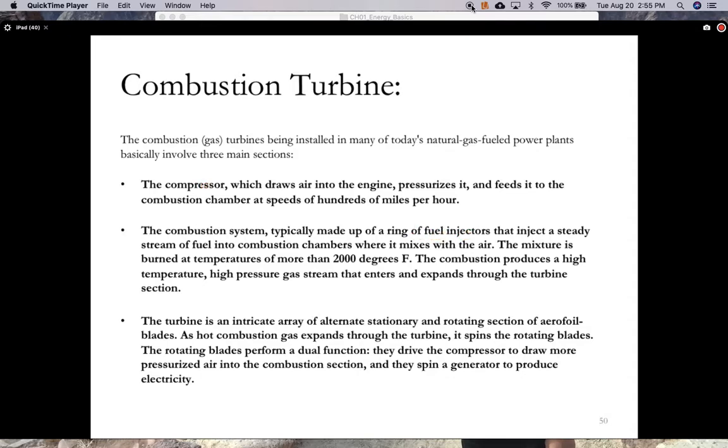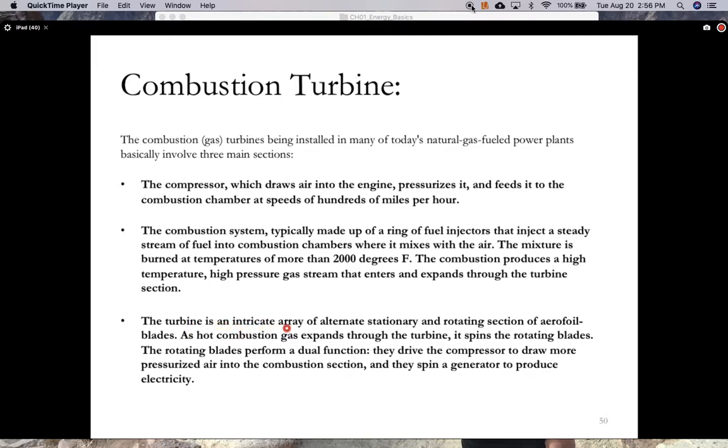So you compress air, you put in fuel through fuel injectors, and then the combustion produces a high temperature, high pressure gas stream, which turns the turbine, which turns the loop to produce electricity. So you're using compressed air and injected fuel to produce a high temperature, high pressure gas stream, which expands to the turbine section.